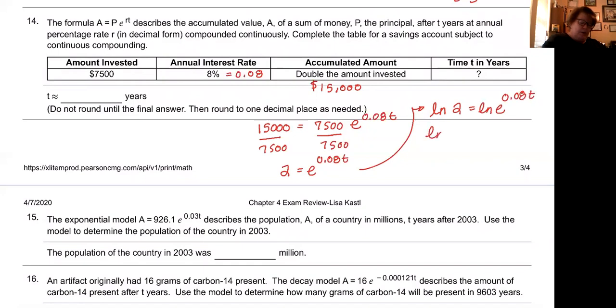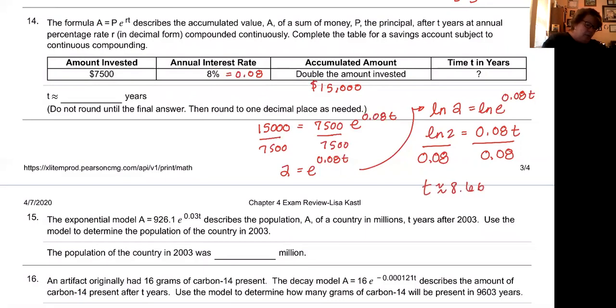So I have the natural log of 2 equals, when I take the natural log of e raised to a power, that's equal to that power. So this is 0.08t. So to solve for t, I divide by 0.08. So I take my calculator out, make sure I close my parentheses on my logarithm, take the natural log of 2, and divide that value by 0.08, and I get t is approximately 8.66.